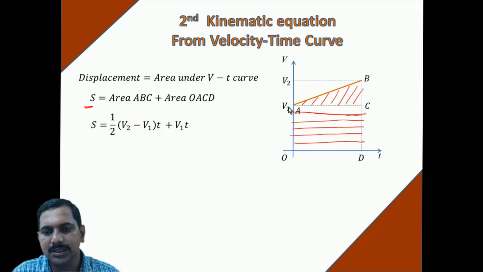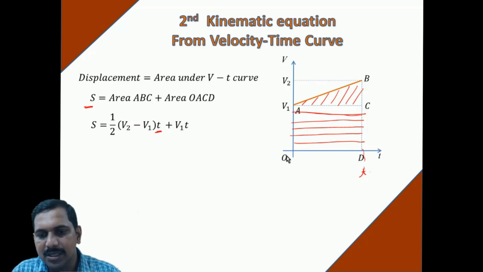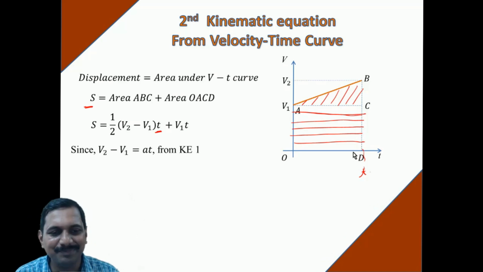Because it is height into breadth, and half of it. Breadth is T; wherever T is a variable, we can take T anywhere. Plus this area OACD. This OACD is a rectangle, which is V1 into time. So that's what we have done.